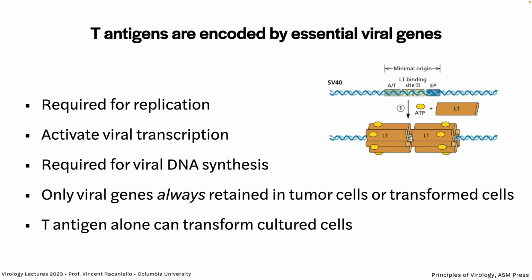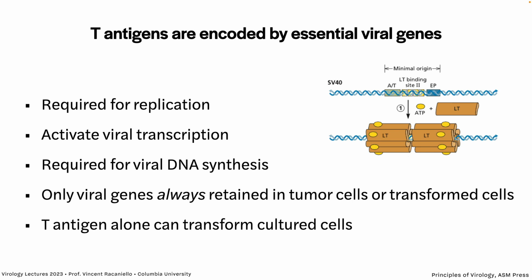We talked about the requirement for DNA synthesis and the requirement to activate transcription. The genes encoding these proteins, T antigens, E1A and E1B, E6 and E7, are the only genes that are always retained in either transformed cells or tumors. So if you look at a lot of cells transformed by any of these viruses, the only thing in common are the genes encoding these T antigens.